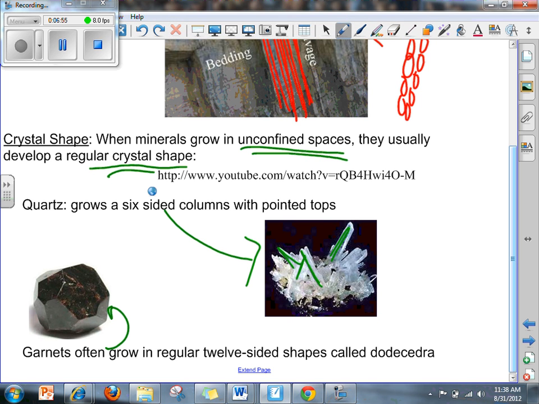Okay, and there is a garnet right there, and they tend to grow in a crystal structure similar to that, and they grow all on top of each other like this, giving us this nice piece of mineral. I'm going to show you a quick YouTube of somebody else explaining to you guys crystal shape. You do have some questions regarding this, right along in your notes.